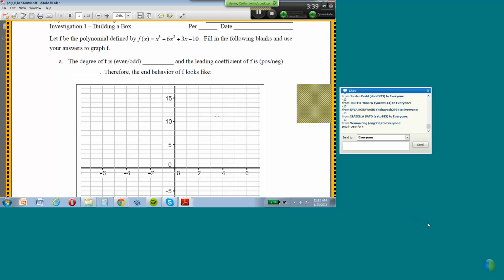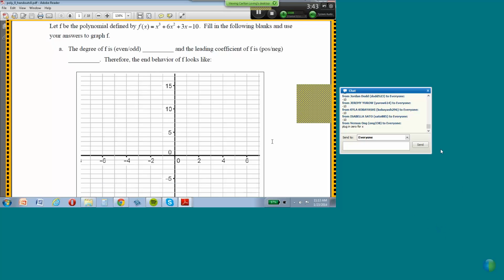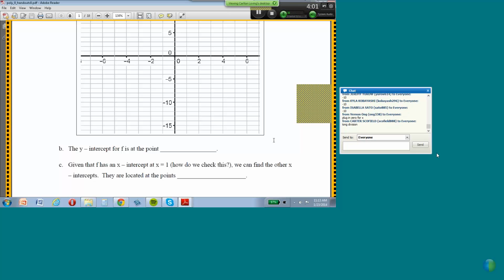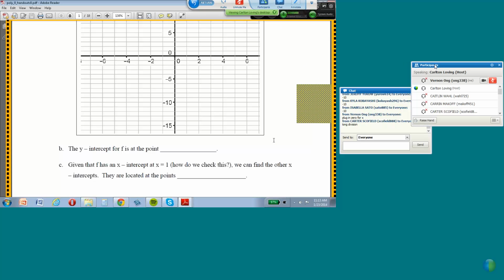Okay, and they tell us, hey, by the way, an x-intercept is at x equals 1. So what do we do with this information of an x-intercept? I saw Justin come on camera and talk just a little bit, so don't be afraid to actually use your voice. But yeah, Carter's got us just typing long division.